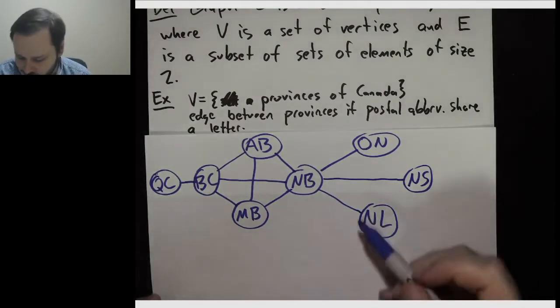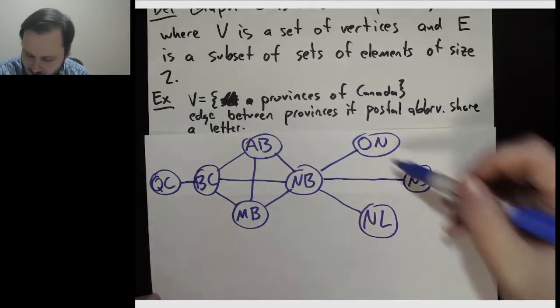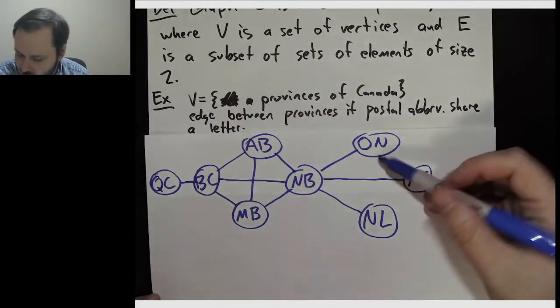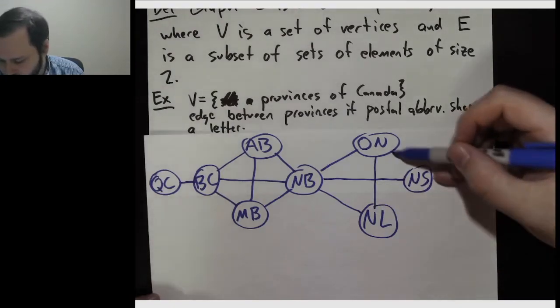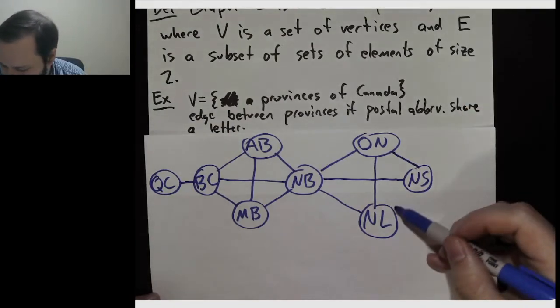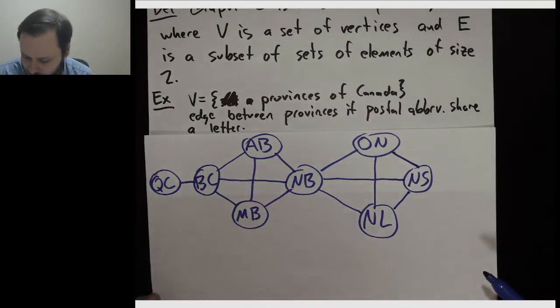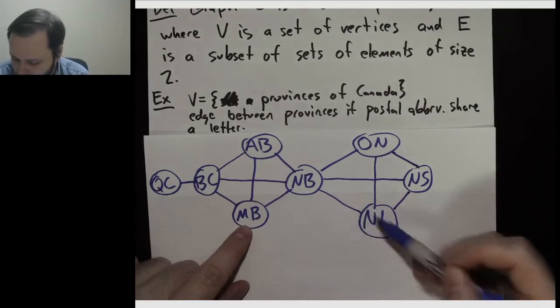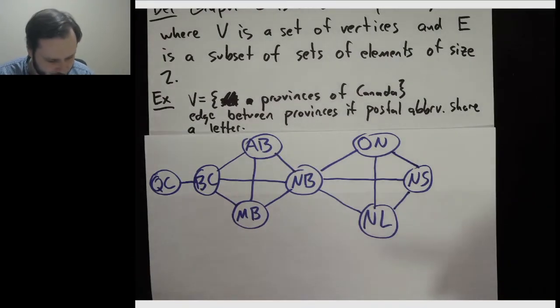So I've drawn in those vertices and those edges. And now again, same thing as over here, Ontario and Newfoundland and Labrador both have N. Nova Scotia and Ontario both have N. Newfoundland and Labrador and Nova Scotia all have N. So I get all of those edges as well. No edge between Manitoba, Newfoundland, and Labrador because they don't overlap in letters at all.